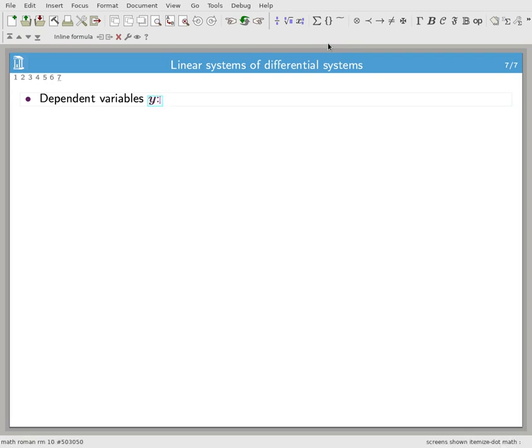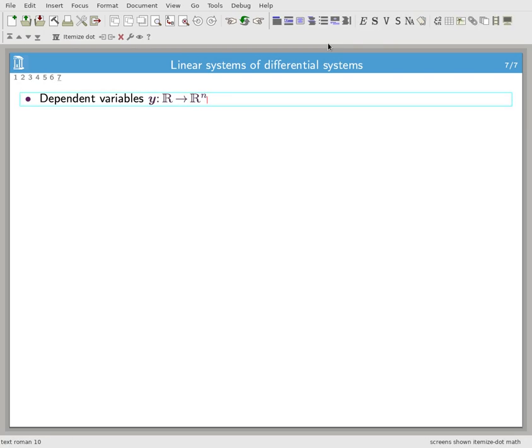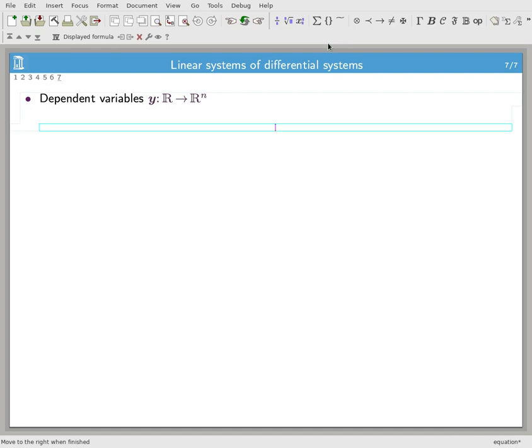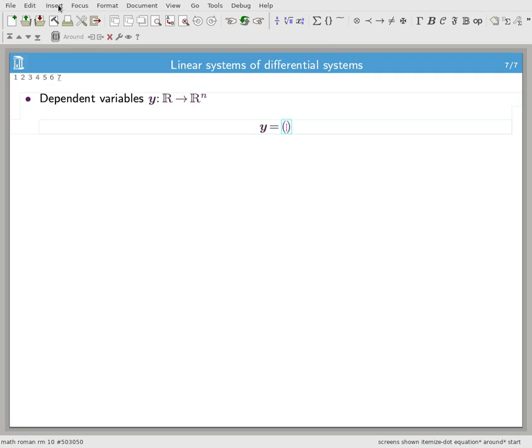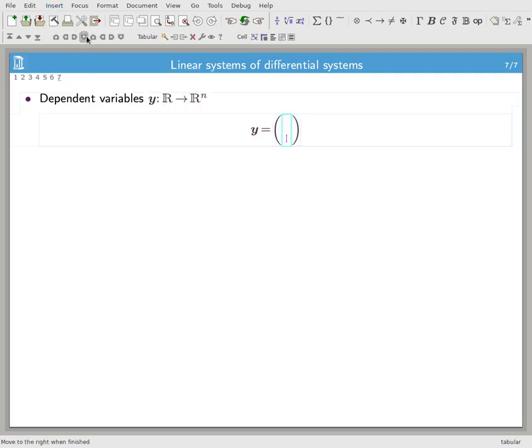It's going to have a single argument, typically time, and this function is going to return n components. The components within y are just going to be elements of the vector, and these will be denoted as y1 to yn.